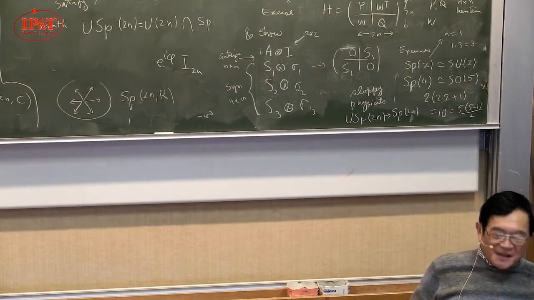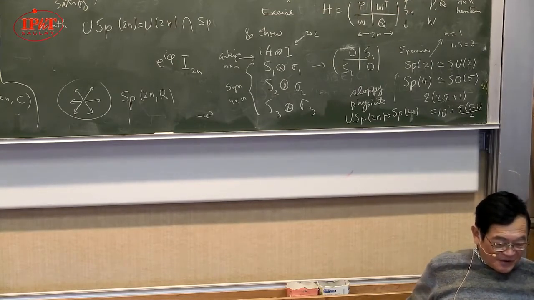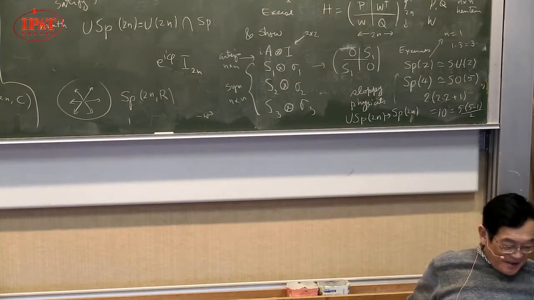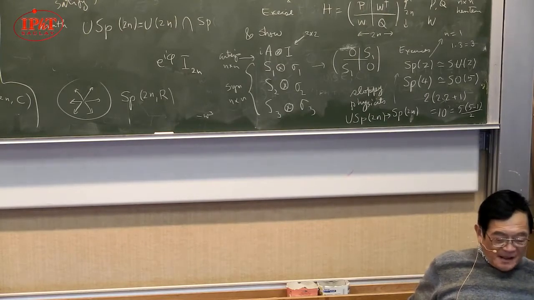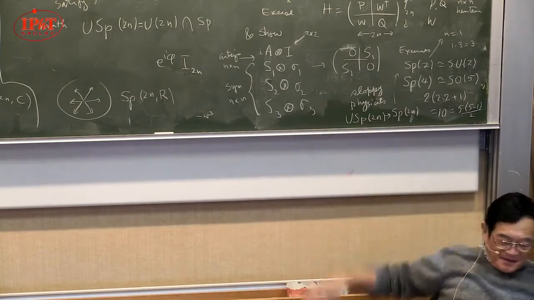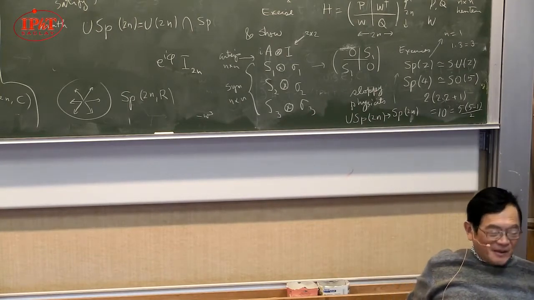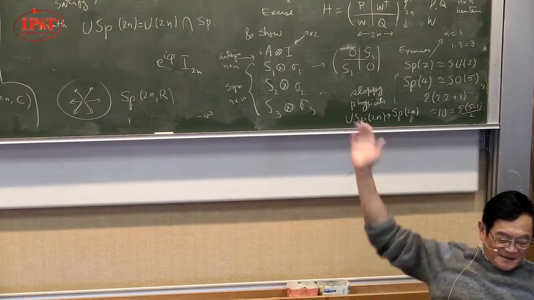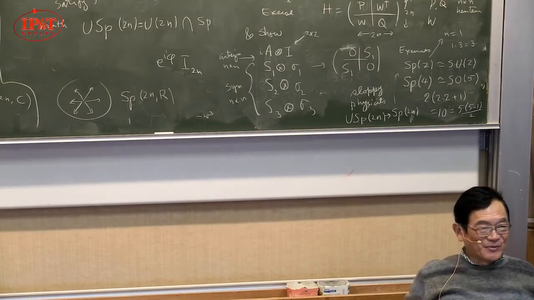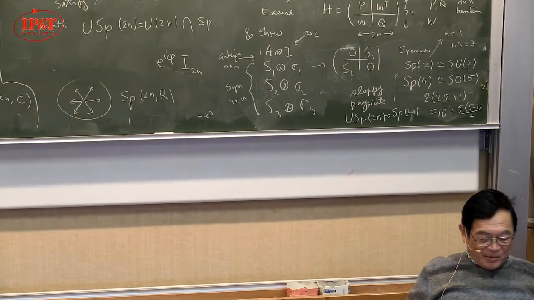So here's the story. A few years ago, some string theorist went to Harvard to give a talk, and in the entire talk he talked about symplectic algebras. And at the end of the talk on his PowerPoint, he showed a quote from Georgi saying symplectic algebra is irrelevant for physics. And then he said, look at this quote. And Howard Georgi jumped up and he said, your work proved my point beautifully.